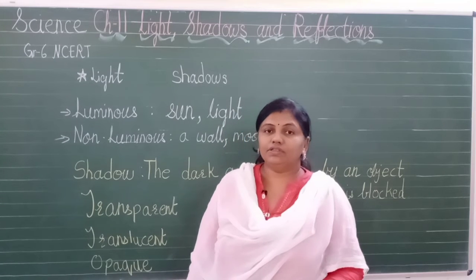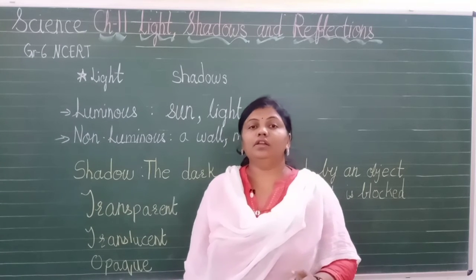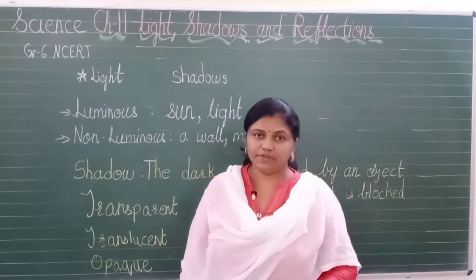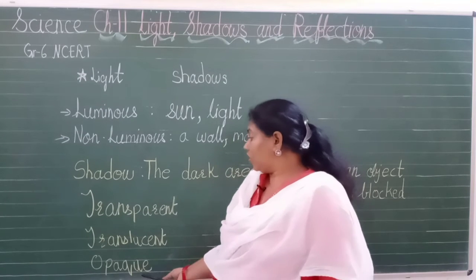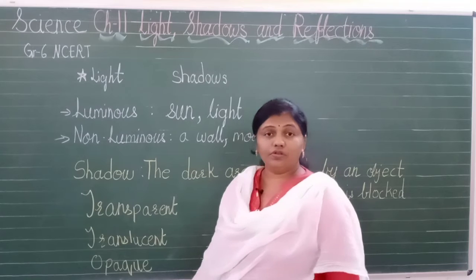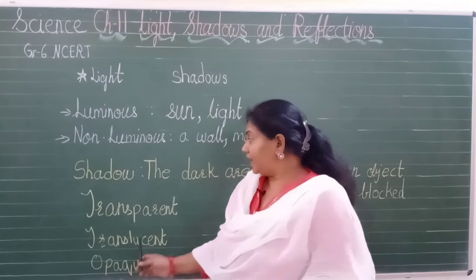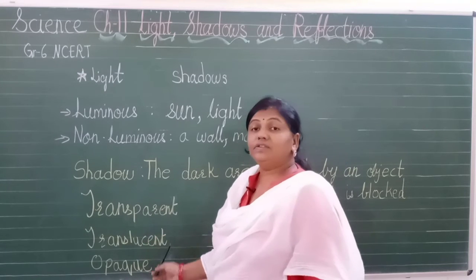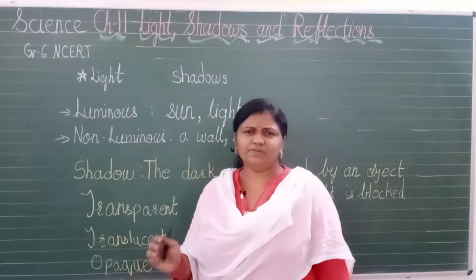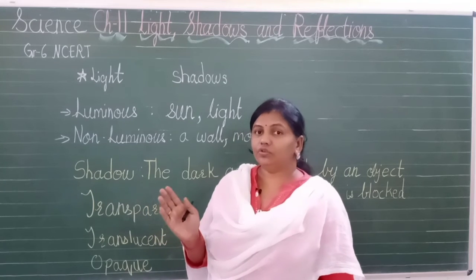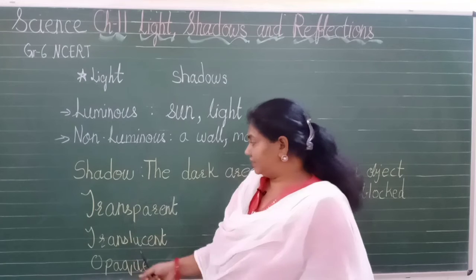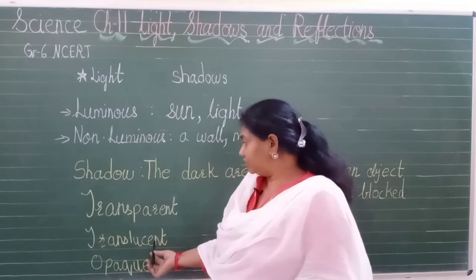So remember that the color of a shadow is always black. Mostly opaque objects produce a very good shadow, while a transparent object has a feeble, very light shadow, not a clear dark one. And translucent.